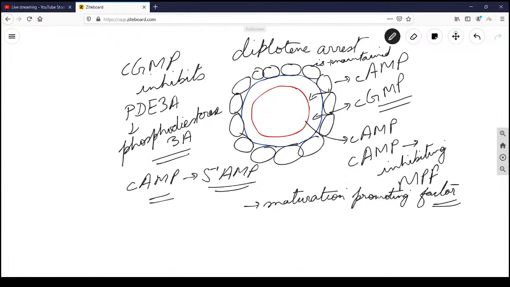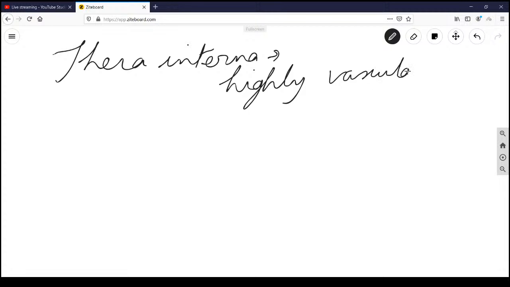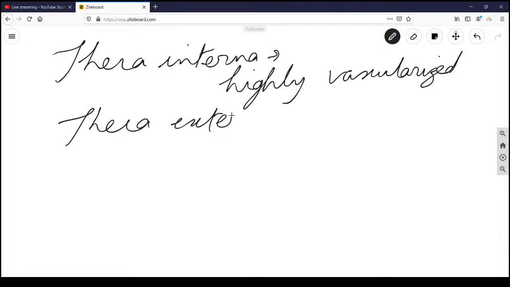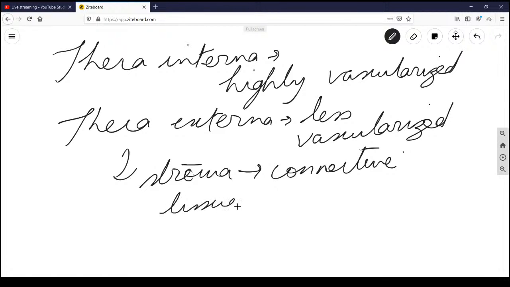We have theca interna, which is highly vascularized. Theca externa, which is less vascularized, meaning fewer blood vessels. They both are derived from the stroma, that is the connective tissue of the ovary. These 1 mark questions come a lot, especially in competitive examinations. Connective tissue of the ovary.